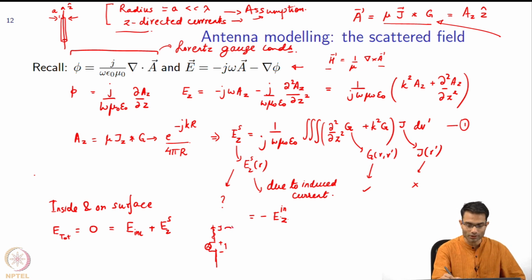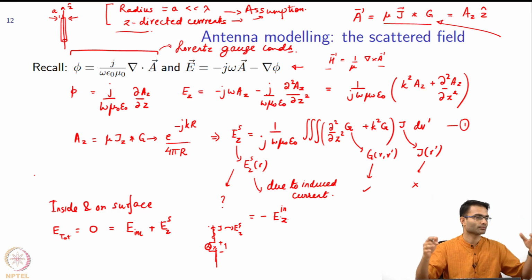This current in turn is going to produce a scattered field. The incident field is going to be there. So if I consider some point over here, there will be the incident field due to the voltage source and due to the field that this J is beginning to produce. Both are going to be there.